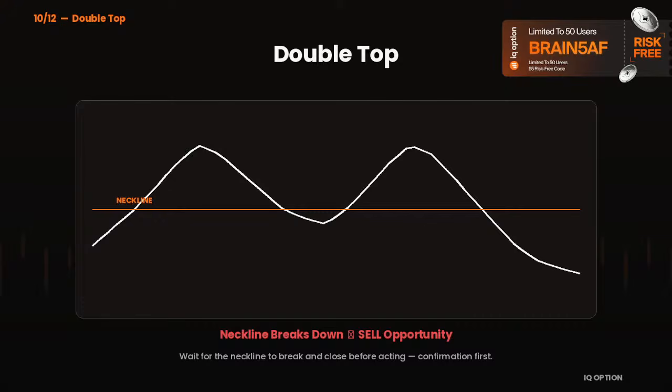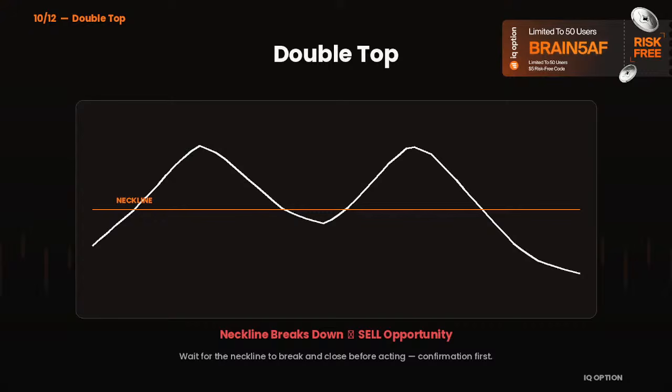And why does this happen? The first peak shows that buyers are pushing the price as far as they possibly can. Then the pullback shows some sellers stepping in and trying to push the price down. Then buyers come in again and try to push the price up again.